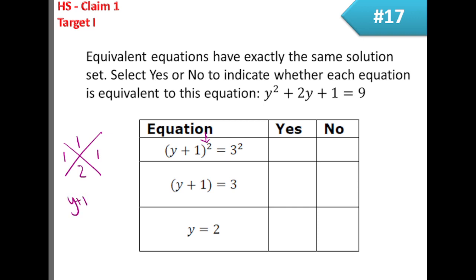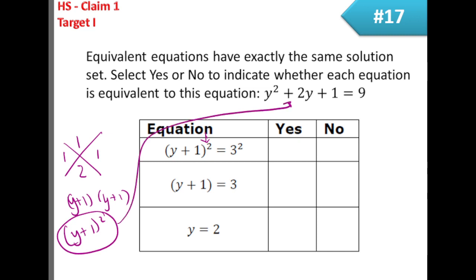So that's y plus 1 times y plus 1, which is the same thing as y plus 1 squared. Okay, so this is the same thing as this. Equals 3 squared, which is 9. So this is true.